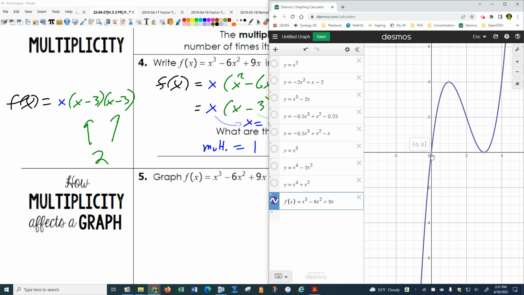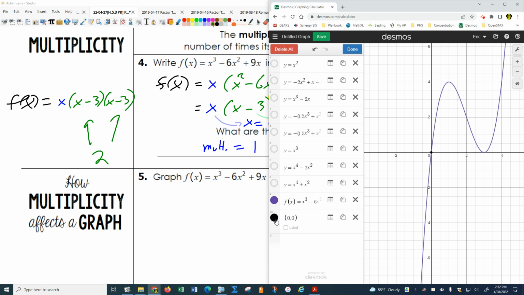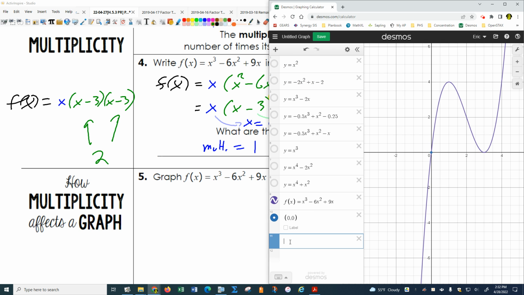Okay, there's our two x-intercepts at 0 and 3. Okay, 0 was, whoops, our blue one, right? And 3 was our green one.